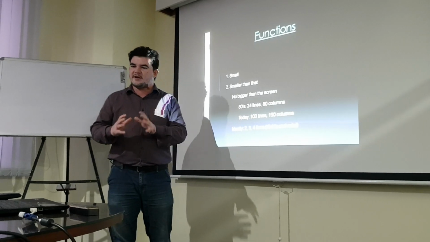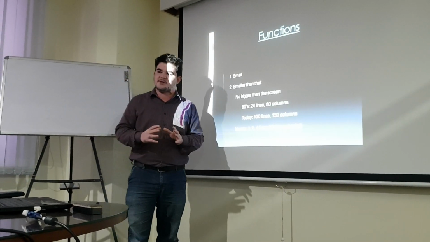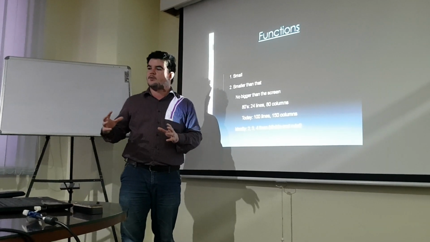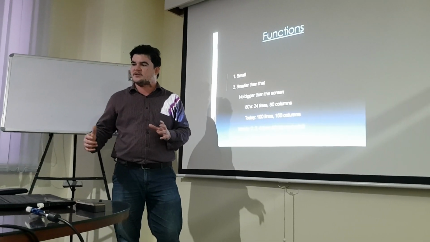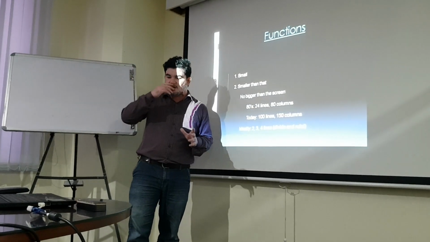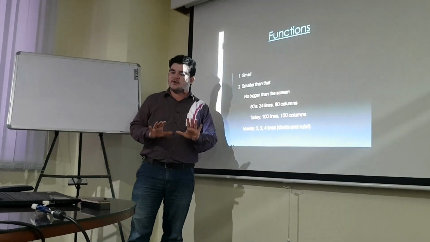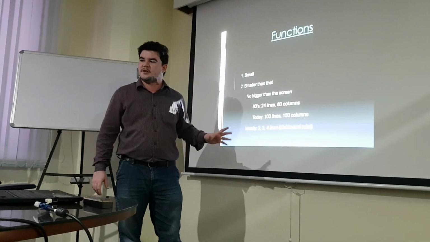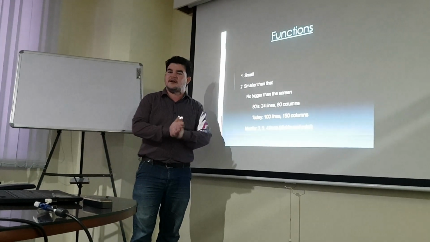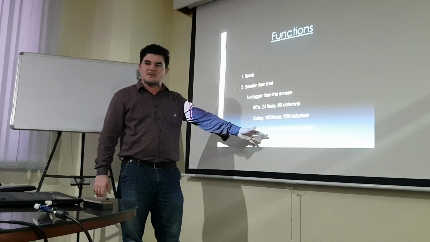So if you are able to read it faster, you will be able to meet your deadlines much faster, maybe even before the deadline. Ideally 2, 3 or 4 lines per function should be there, but that's near to impossible.